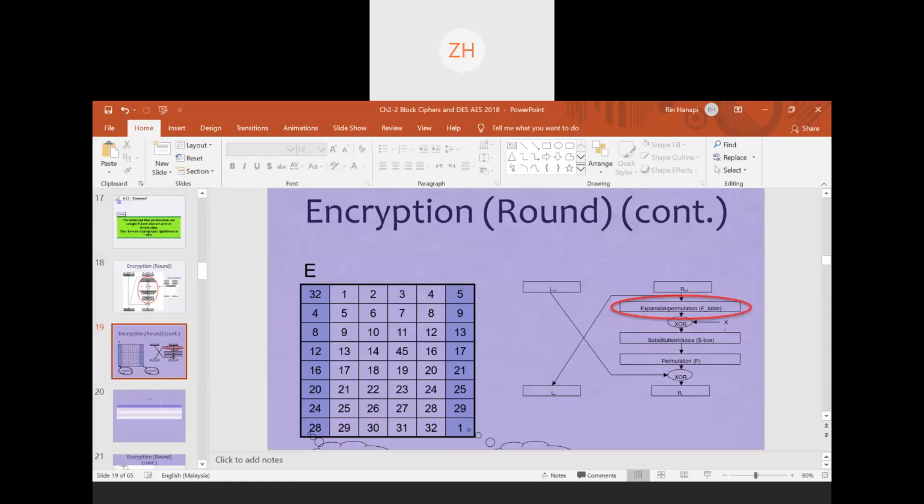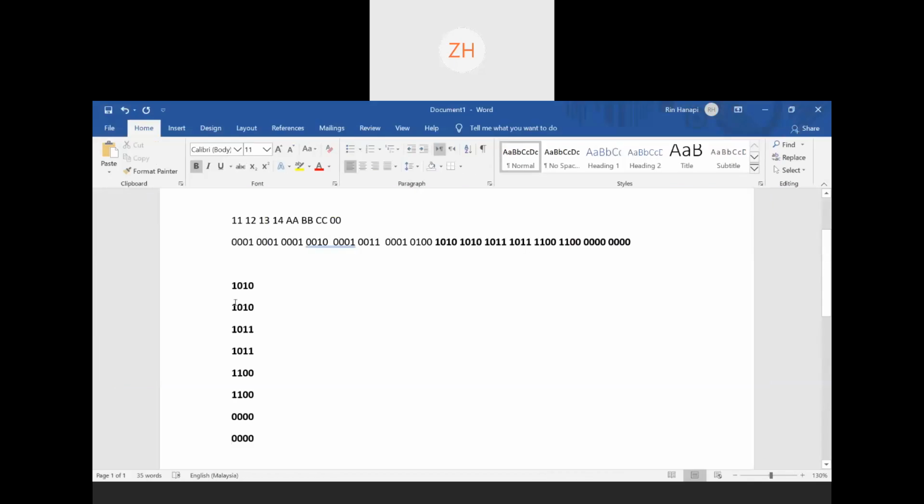Okay. So for row 1, we copy bit 5 and we copy bit 32. Okay, look at this one. It is bit 5, right? Yes, you add 1 to the right. Okay. This is bit 32.